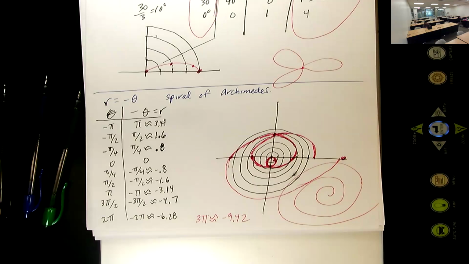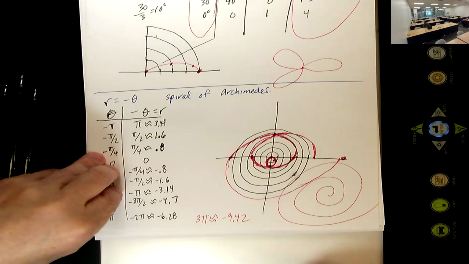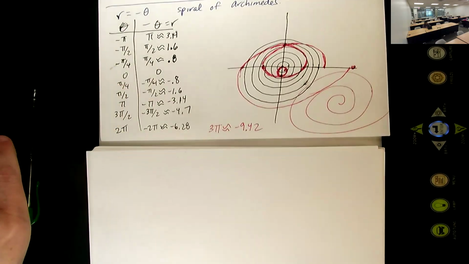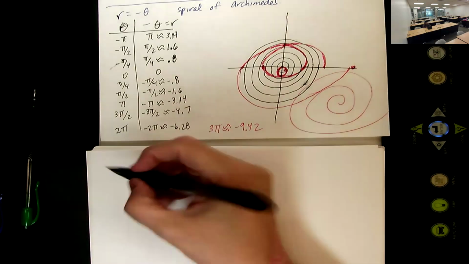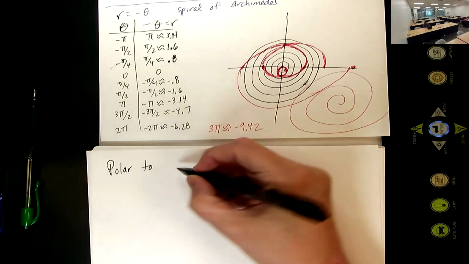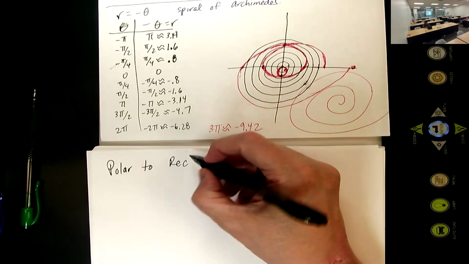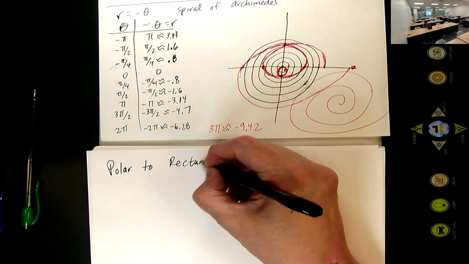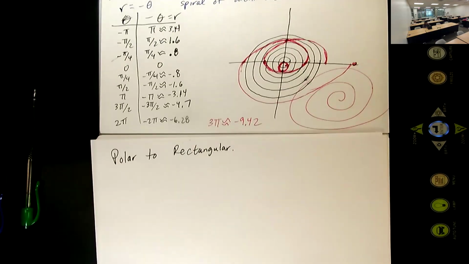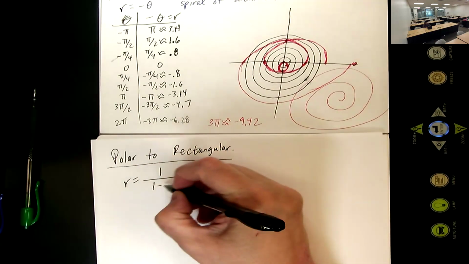Let's give another example of converting between polar and rectangular, just so we get a little bit more practice in there, because we did it on one of the examples a little bit ago. Polar to rectangular. Let's say we had r equals 1 over 1 minus cosine theta.